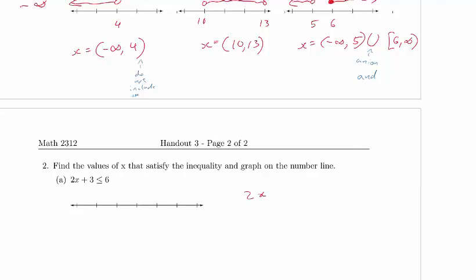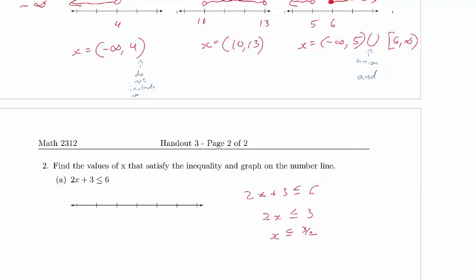So we have 2x plus 3 is equal to or less than 6, and we just treat this like we normally would. We subtract 3 from both sides so that we have 2x is equal to or less than 3, and then we divide both sides by 2. 3/2.